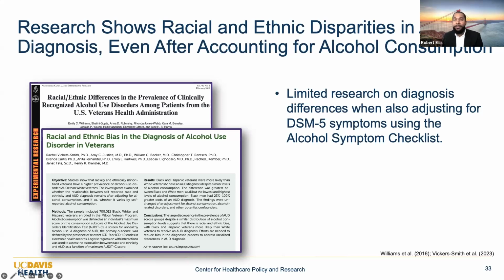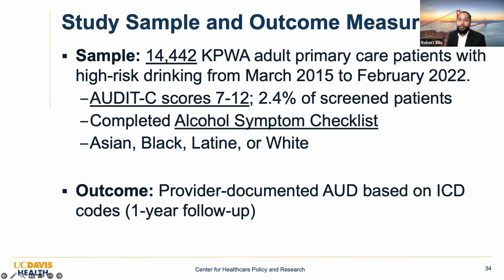And so with the recent development of the Alcohol Symptom Checklist, unique to KPWA, we aim to understand how this additional adjustment might impact intersectional disparities when you can measure symptoms as well as some severity in the AUD diagnosis found in other studies.